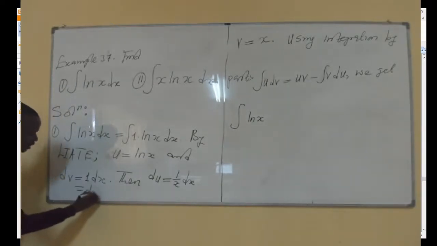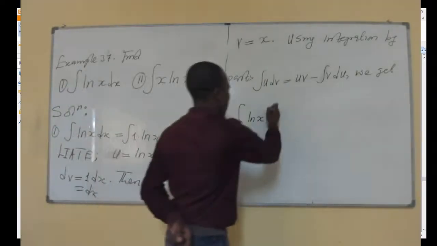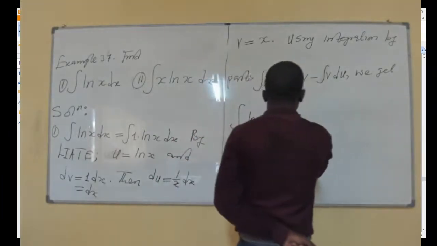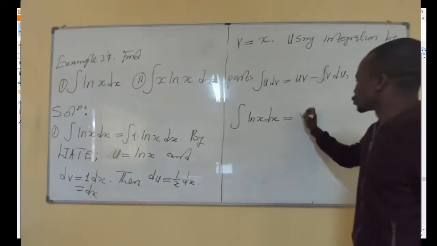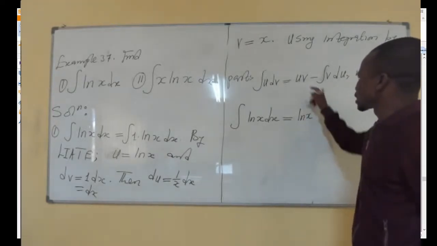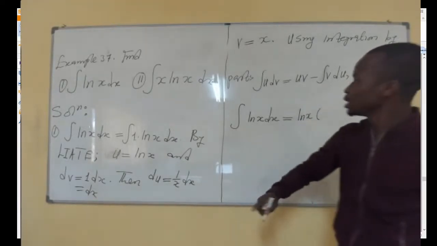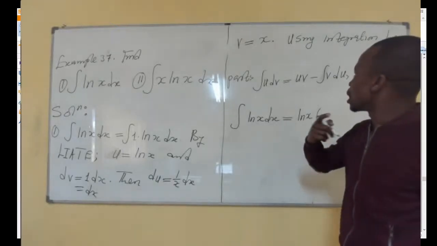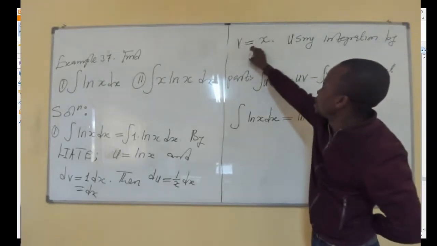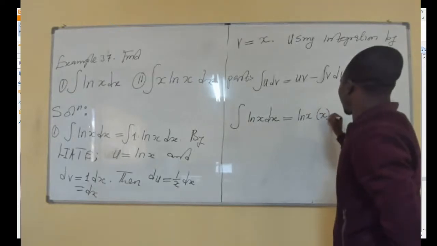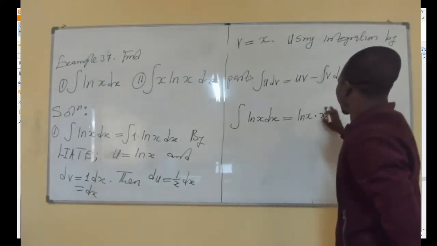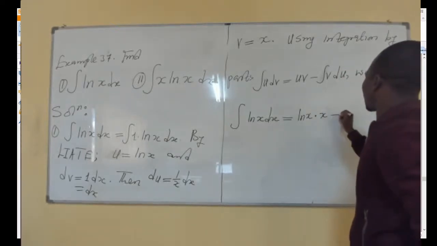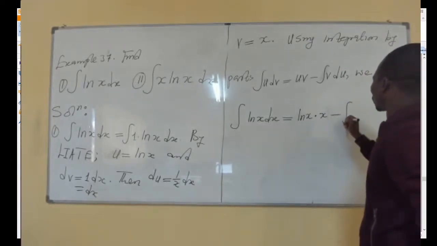Remember, this is the same as dx, which is equal to our dv. Our u is equal to ln of x. Our v, where is v? V is here, v is equal to x, so it will be ln of x times x, then minus the integral.